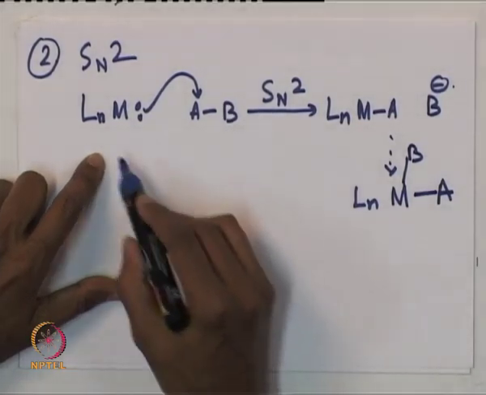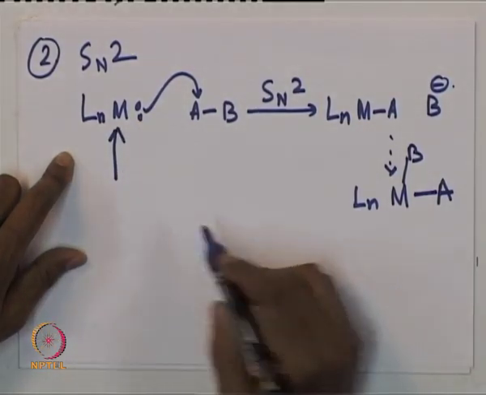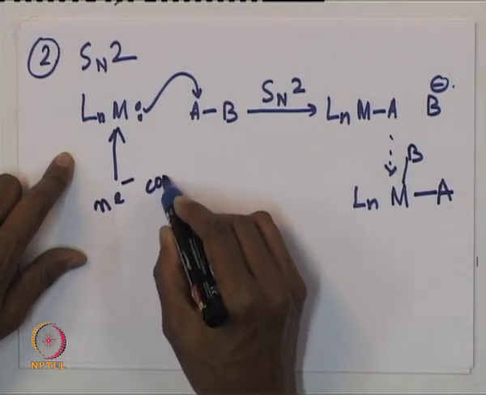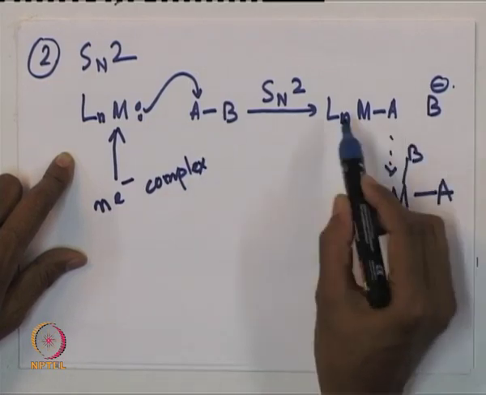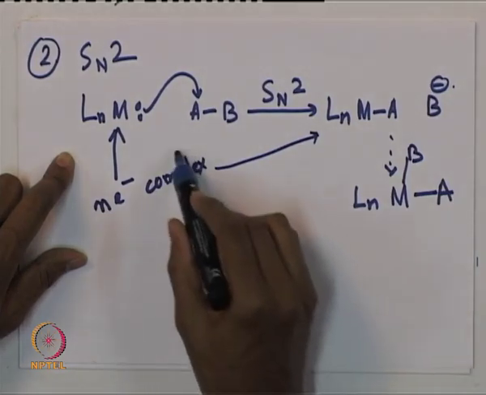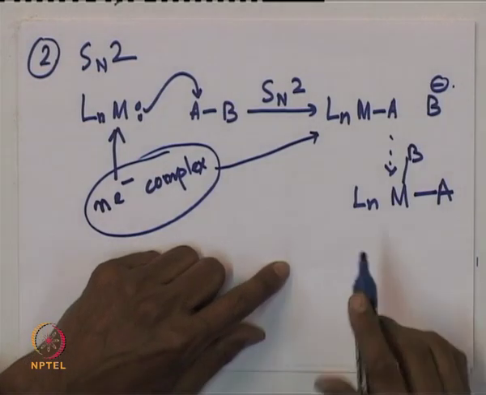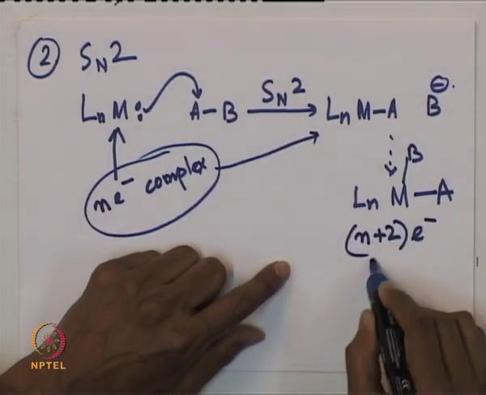Now the starting material LnM, if it is an n electron complex, the same will be true for the LnMA complex, it will be an n electron complex. Finally, we will get an n plus 2 electron complex.